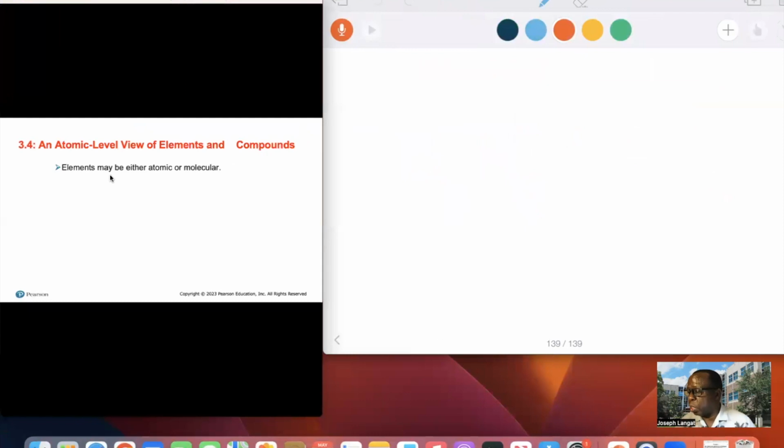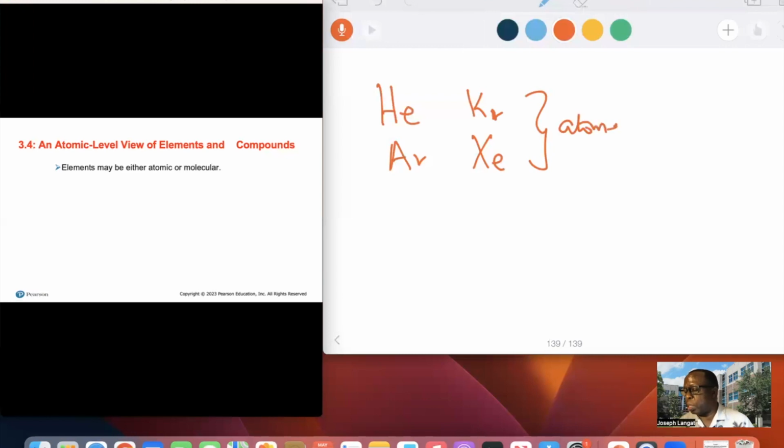Group 8: helium, argon, krypton, xenon, because they are not diatomic, all right? They do exist as atoms, atomic.